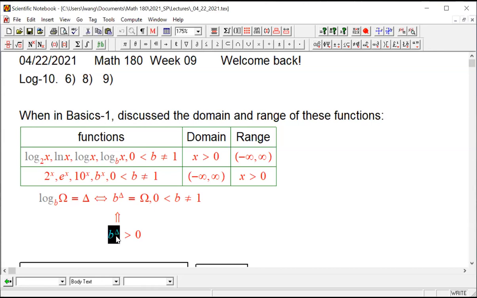If b raised to the power of anything is positive, as a consequence, omega is going to be positive, right? Because omega is the same as b raised to the power triangle, yes? So as a consequence, omega is positive.